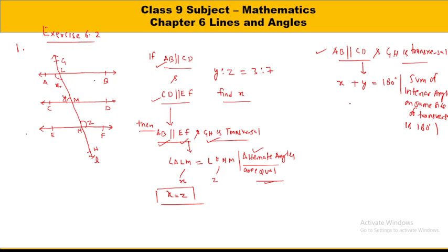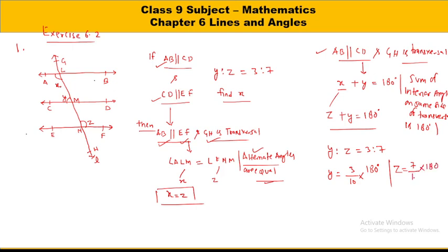Now as X is equal to Z, X can be written as Z, then Z plus Y equals 180 degrees. Now as given in the question, the ratio between Y and Z is 3:7, then angle Y will be equal to 3 upon 10 multiplied by 180 degrees, and Z will be equal to 7 multiplied by 180 divided by 10.